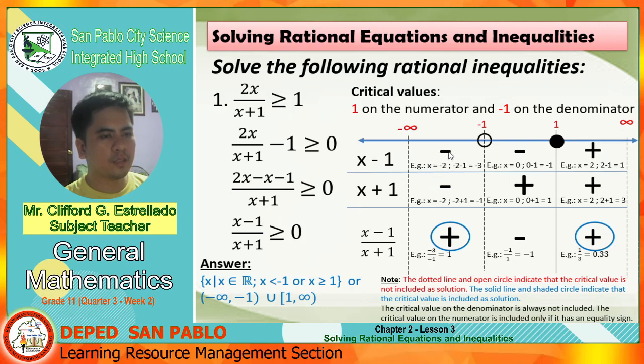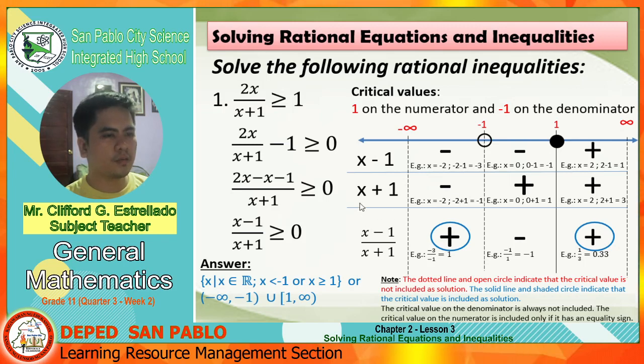So the sign is negative. For the region negative 1 to 1, we can get 0 as the test point. If x is 0, we have 0 minus 1 is negative 1. So we have a negative sign. From 1 to positive infinity, we can get 2 as the test point. So 2 minus 1 is positive 1. So we have positive.